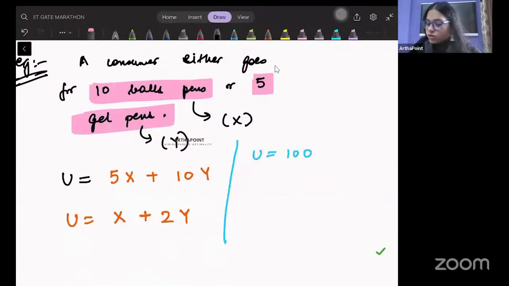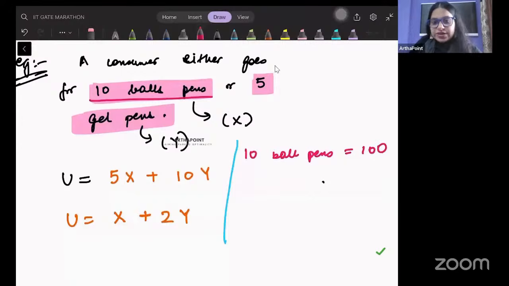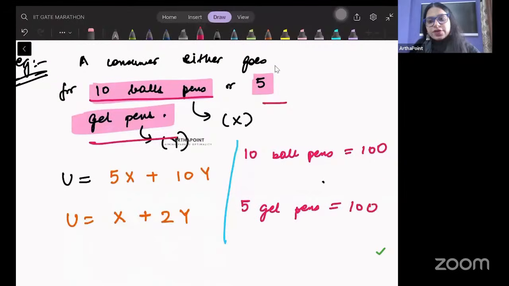So I would need 10 ball pens, or let's reverse it, sorry. Let me just reverse this concept. Utility को fix नहीं करते हैं. Let's say 10 ball pens give me a utility of 100. And I can either go for 10 ball pen or 5 gel pens. So 5 gel pens also give me a utility of 100.